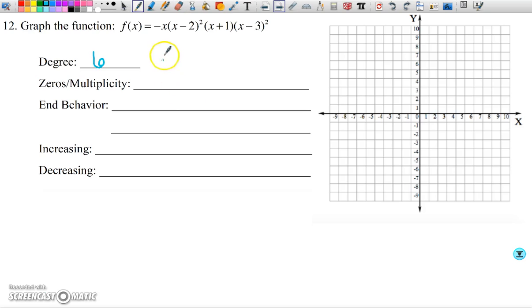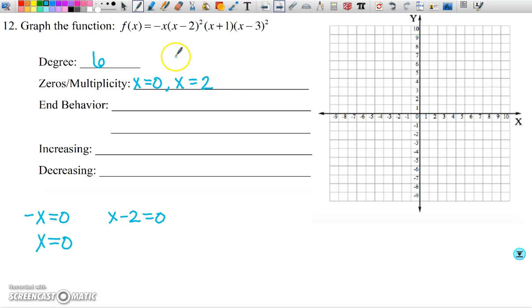Now we have zeros in multiplicity. So zeros we get from the fact that we take every factor and set it equal to 0. So we take negative x and set it equal to 0, which is just 0. So x equals 0. Our second one is taking x minus 2 and setting it equal to 0 to give us x equals 2.